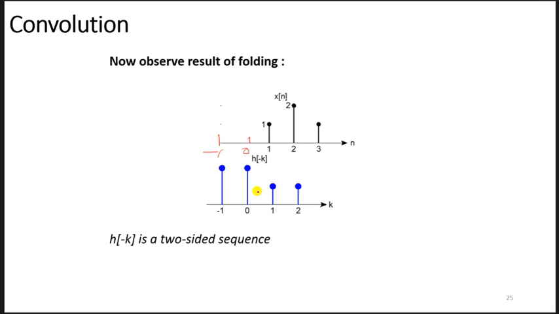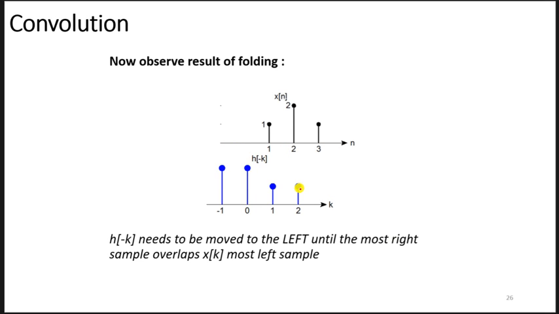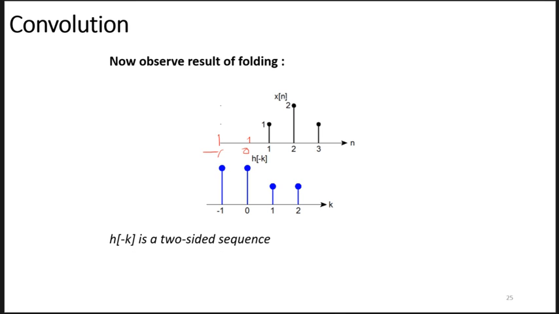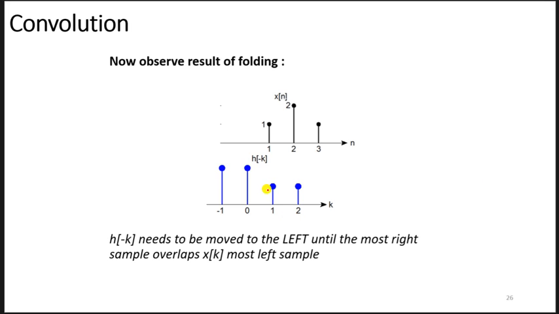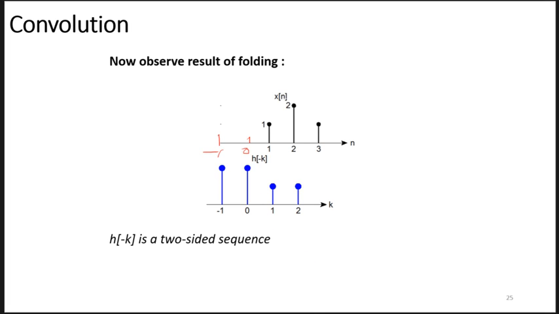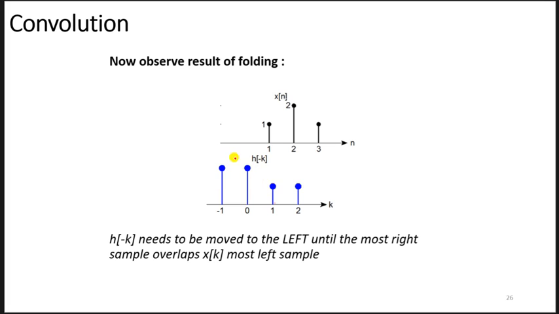What happens here is that we folded the signal. When we fold the signal, looking here there is still a signal that has not been multiplied, because we started here at 0.